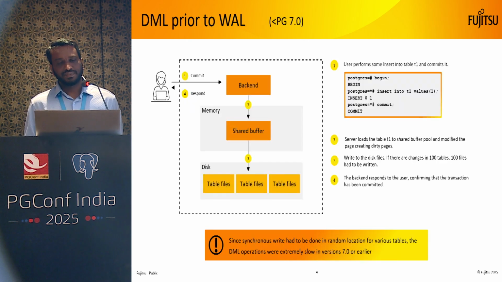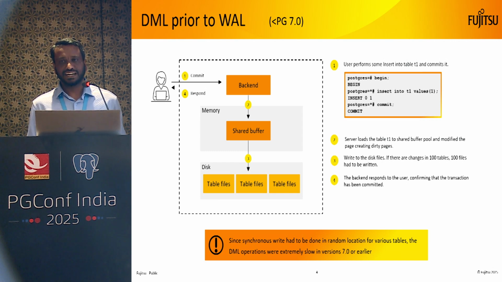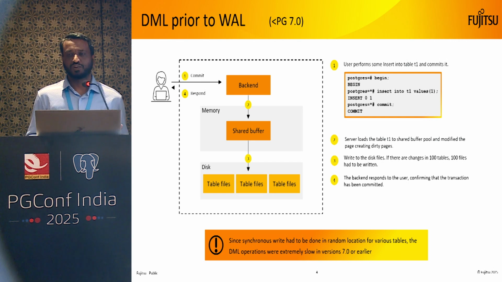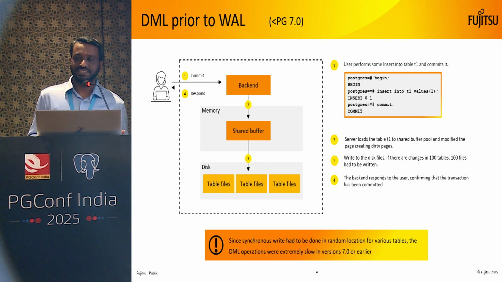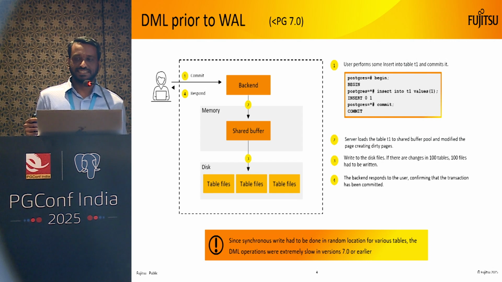Prior to PG7, we didn't have WAL. We'll see how DML operations happened at that time. For each table in Postgres, we have a corresponding physical file present in the disk.